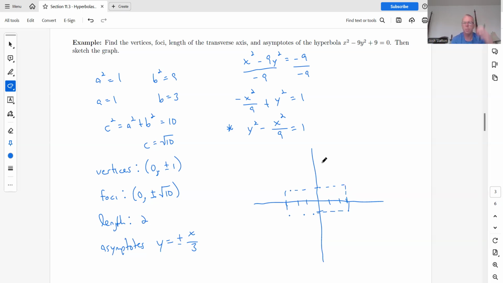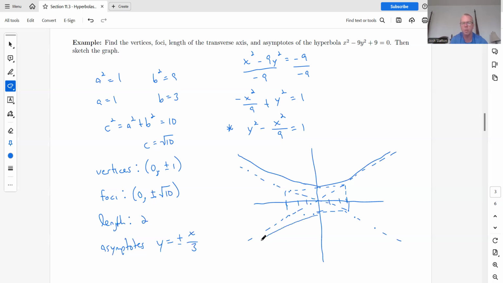And we are opening vertically. Well, before we do that, let's draw our asymptotes. So we draw the diagonals. And let's do the other diagonal. And then we're going vertically, so we can draw something like that.